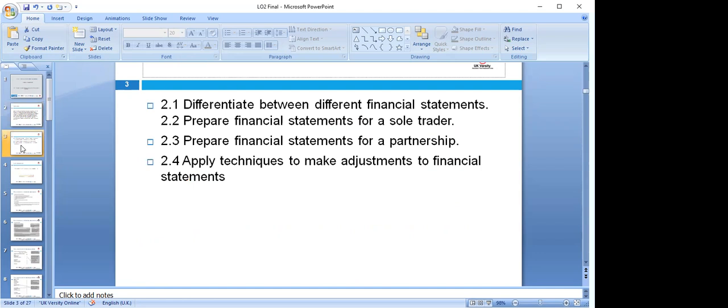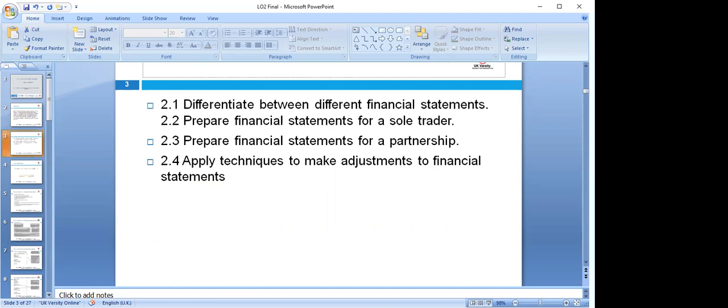Okay, so in today's lesson we have 4 assessment criteria: differentiate between different financial statements for sole trader, partnership, and limited companies, and we can look around adjustments.